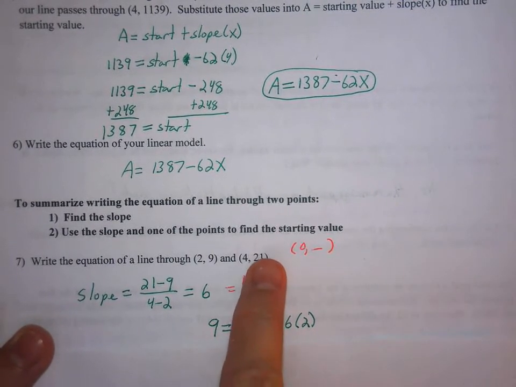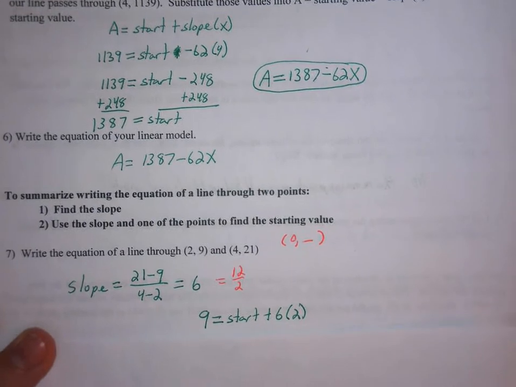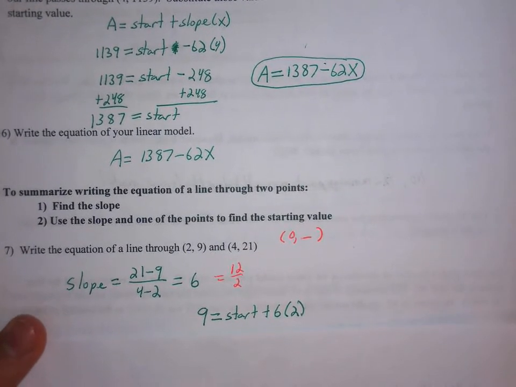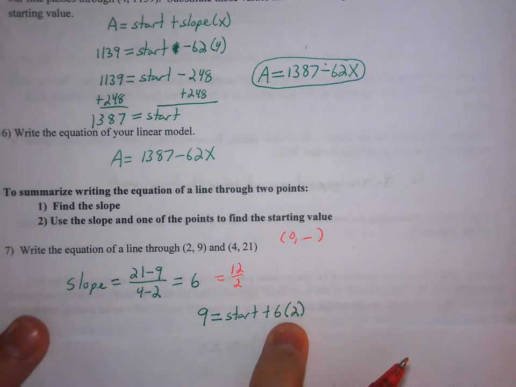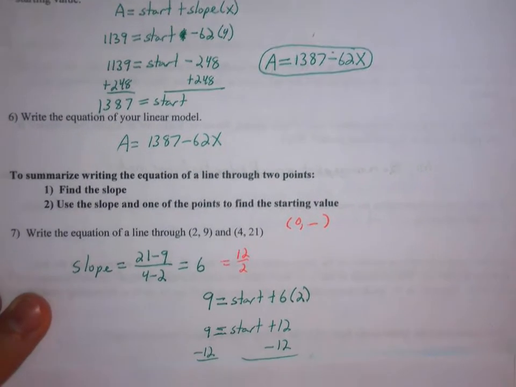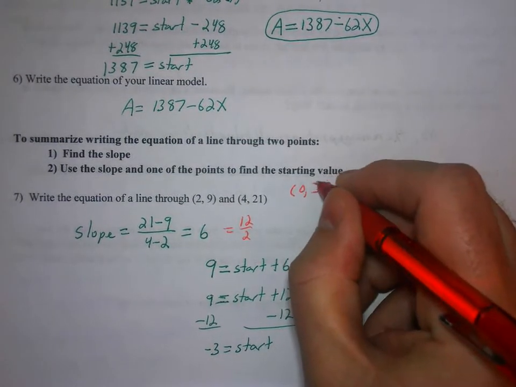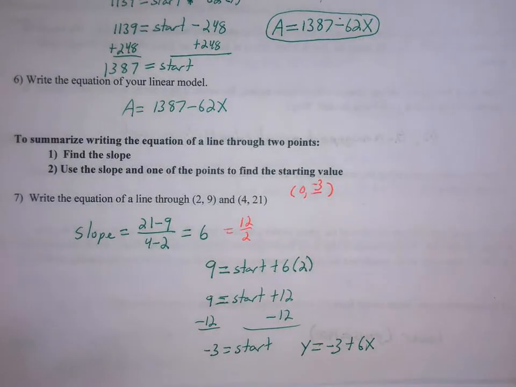You could also use 4 and 21 for your x, y values, and you'll get the same starting value, believe it or not. You can go through and try that if you want. So 6 times 2 is 12. So you're going to subtract 12 from each side, and that ends up giving you negative 3 for the starting value. So it turns out that (0, -3) is our starting value.